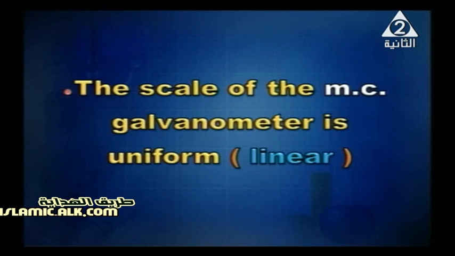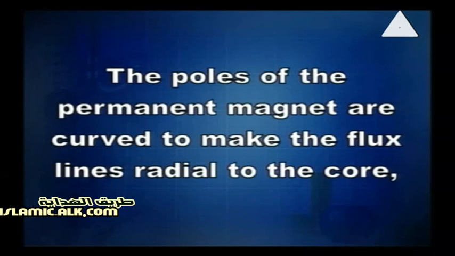Another give reason: the scale of the moving coil galvanometer is uniform. The scale is linear, equally spaced. Why? Because the poles of the permanent magnet are curved to make the flux lines radial, to produce radial magnetic flux, radial to the core of the galvanometer.